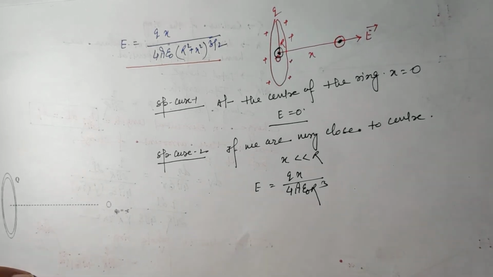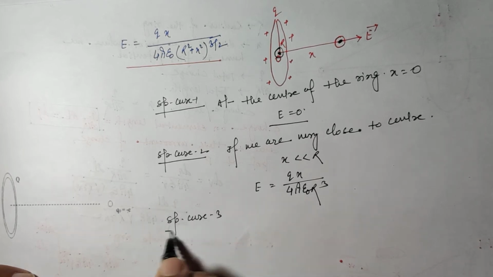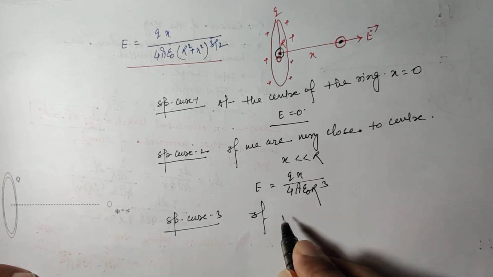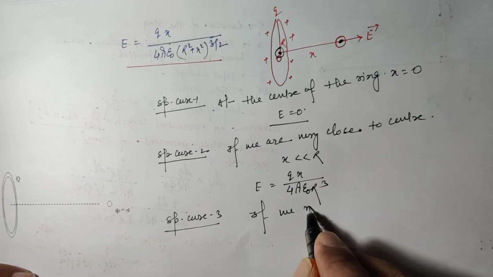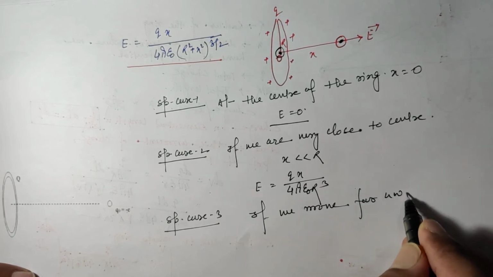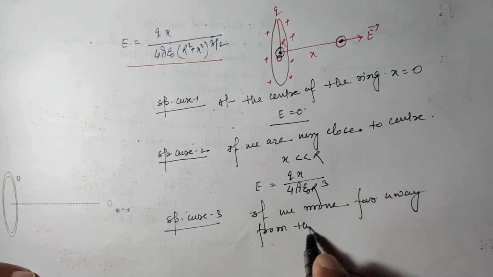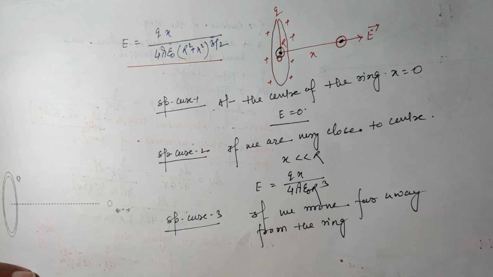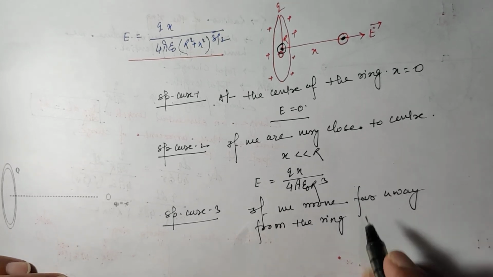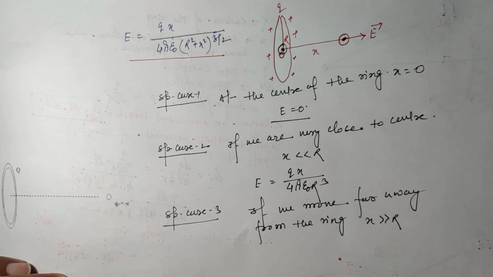The third condition is special case number 3. If we move far away from the ring, definitely x is going to be very large in comparison to the radius of the ring.